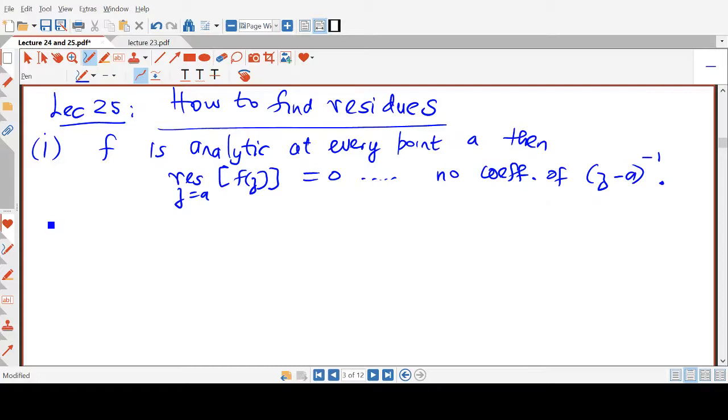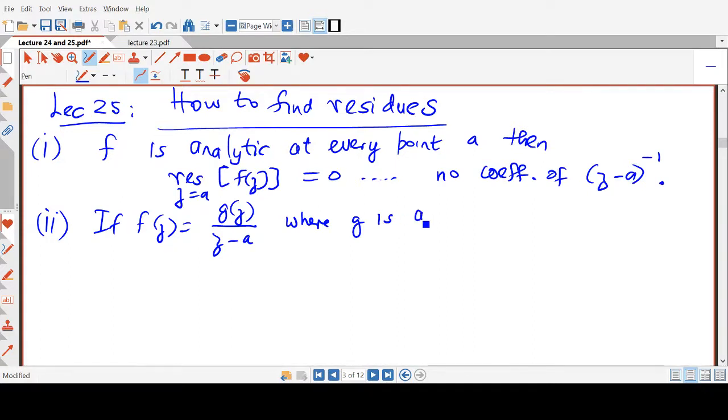Residue is 0. Two, if f of z has a shape, say g of z over z minus A, where g is analytic at A, and g of A is not 0.